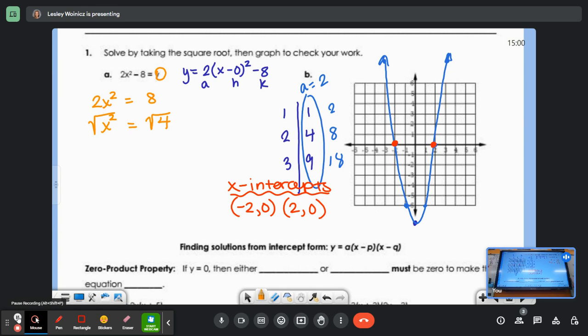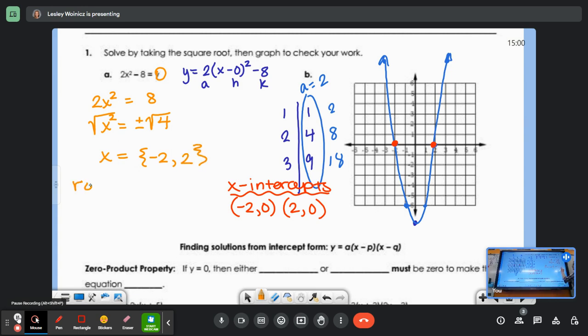This is why we have to allow for the square root to be either positive or negative, because it can cross twice. Either negative 2 squared is 4 or positive 2 squared is 4. So my x's are negative 2 and positive 2.